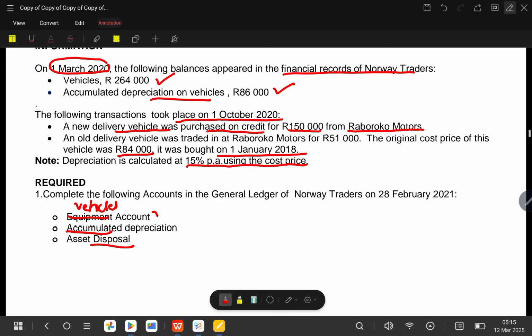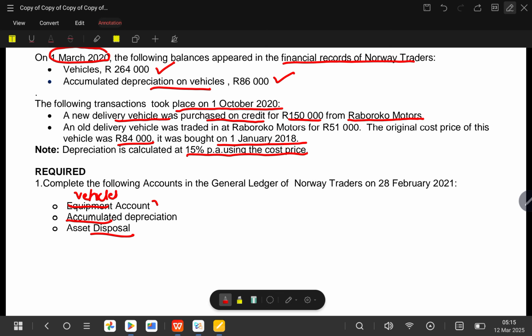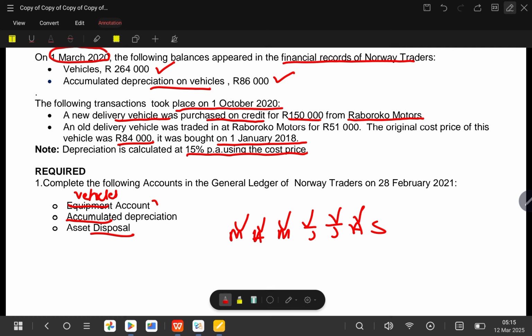So meaning that this asset for the current year was with us only from March up until the end of September, because remember, it was with us for March, April, May, June, July, August, September. So it's 1, 2, 3, 4, 5, 6, 7, because it was sold on the 1st of October. We can count the first.